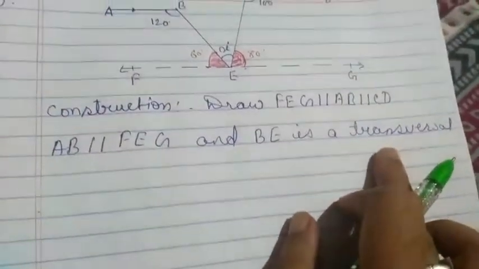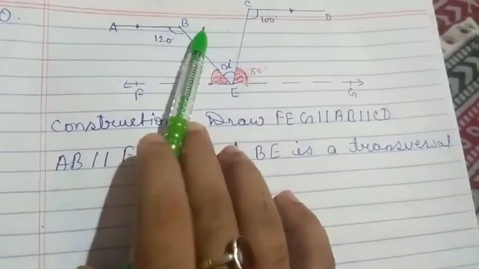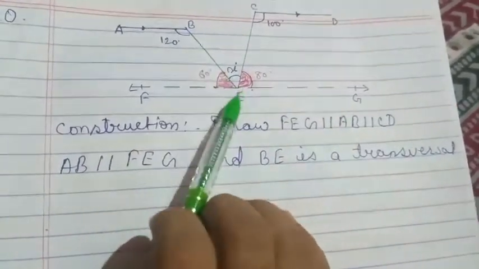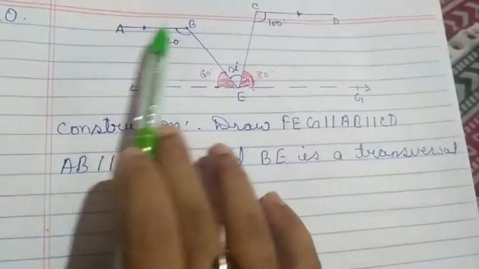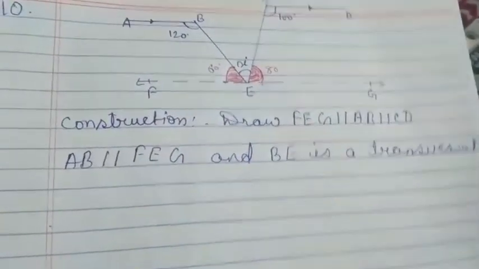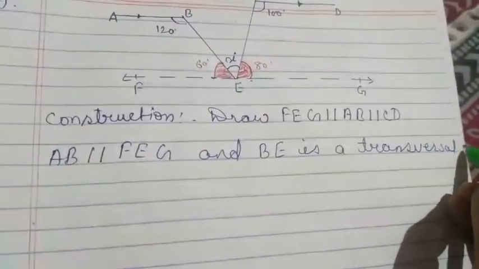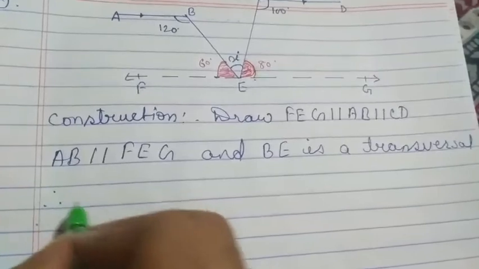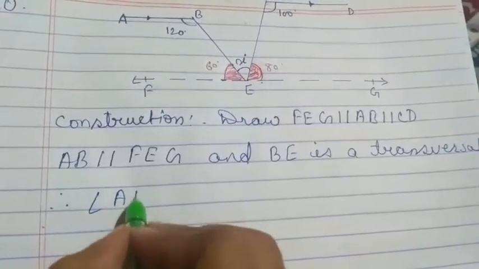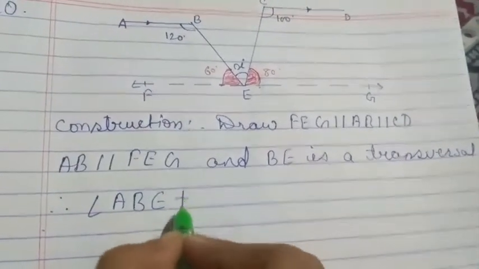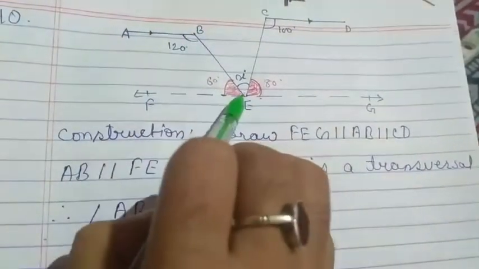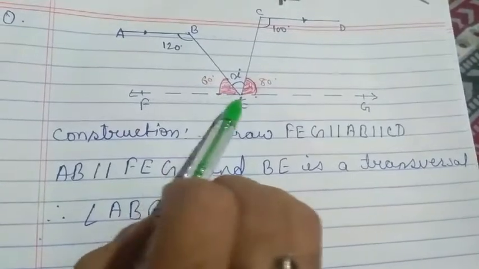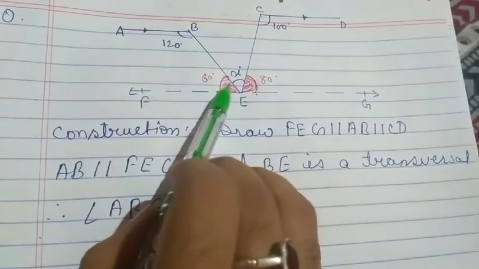So first line I have given that when AB is parallel to FEG and BE is a transversal, then therefore angle ABE plus, you have to find out this angle.